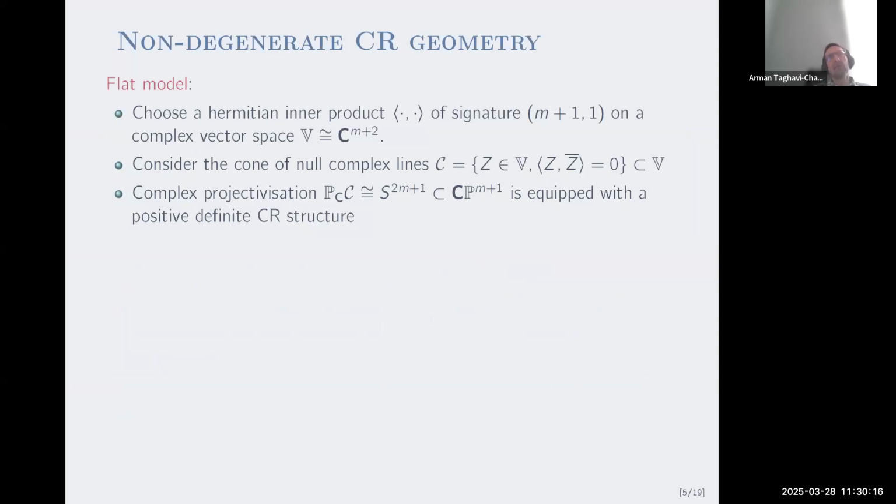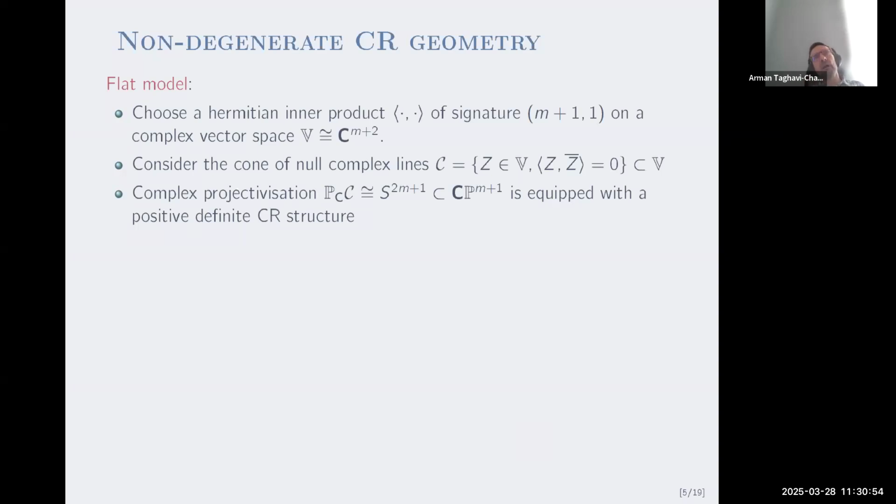Let me carry on. I've already mentioned some examples of basic CR manifolds. Here I'll go back to this CR sphere, which is called the flat model in parabolic Cartan geometry. Here is how you would construct this non-degenerate CR geometry. You choose a Hermitian inner product of Lorentzian signature on a complex vector space.